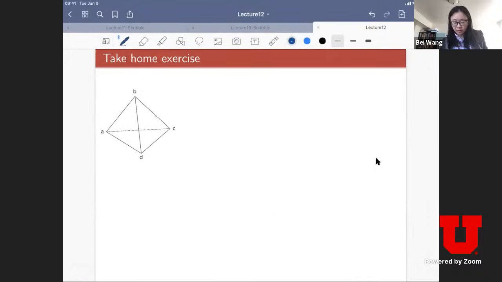Okay. But let's make it very precise. What are the matrices I'm going to deal with? First of all, I'm going to deal with the zero-dimensional boundary matrix. So the zero-dimensional boundary matrix is sigma 0, and the columns are A, B, C, D. The columns are just the vertices. And the rows are basically 0 because the boundary of a vertex is 0.